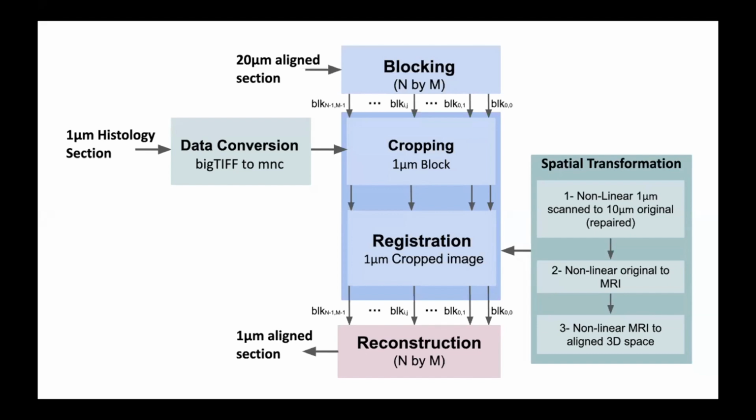And then the global transformation is applied to the cropped image. And finally, the reconstruction step, where the registered resampled blocks are concatenated to form each registered 1 micron section.